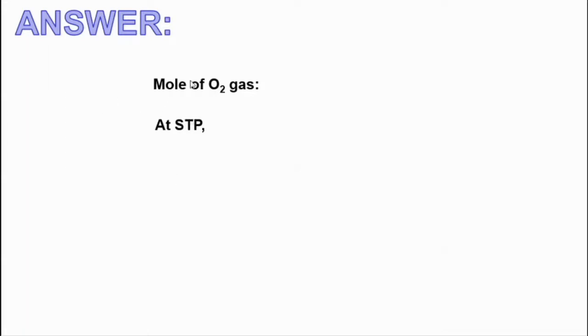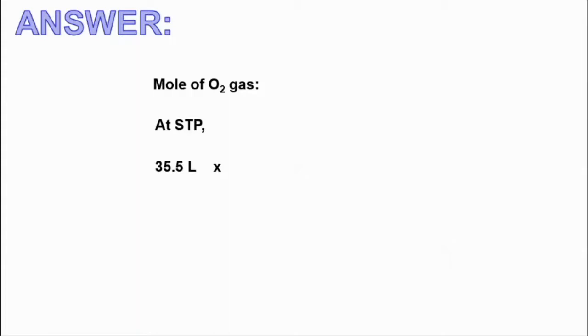Since this reaction occurred at STP, 1 mole of oxygen gas occupies 22.4 liters. But in this question, we have 35.5 liters of oxygen gas at STP. So how many moles of oxygen gas did we have in this reaction?